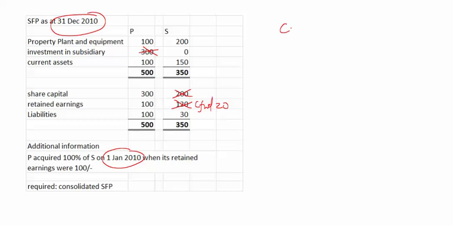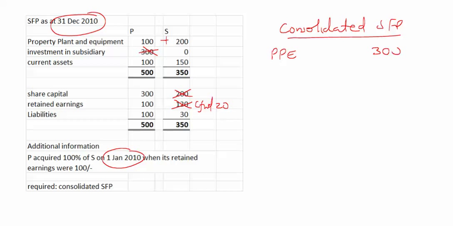So in my consolidated accounts, we will have PPE simple addition 100 plus 200, which gives you 300. Investment in subsidiary has cancelled out, will not appear. And then we have current assets, which is 100 plus 150, which gives you 250. So we have 550.